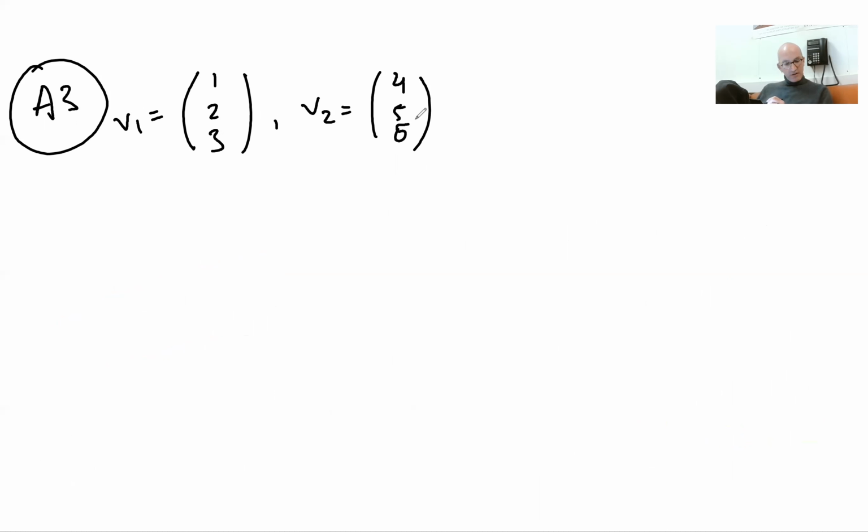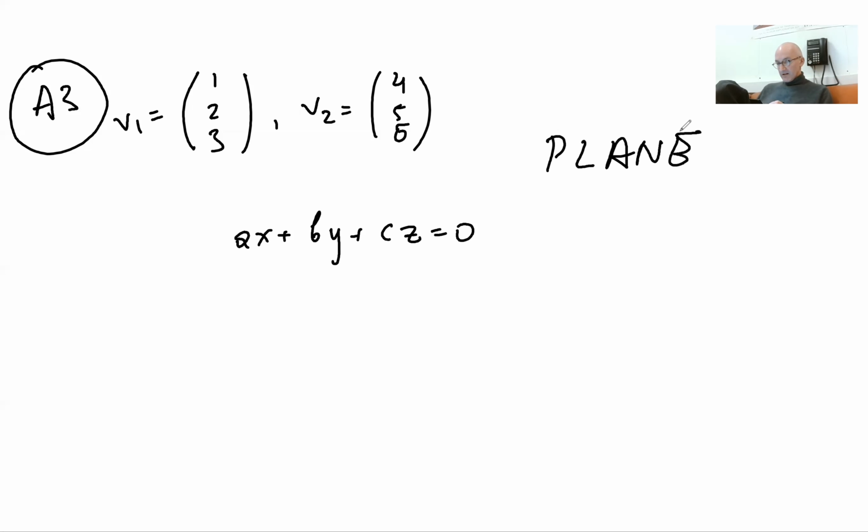The question is: the smallest linear subspace containing these vectors is something whose equation is ax + by + cz = 0, where a, b, and c are something. So we need to find this something. The smallest linear subspace of R3 containing these vectors is a plane, of course, given by this equation, and we need to find a, b, and c.